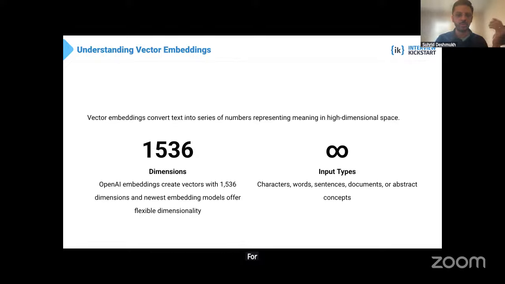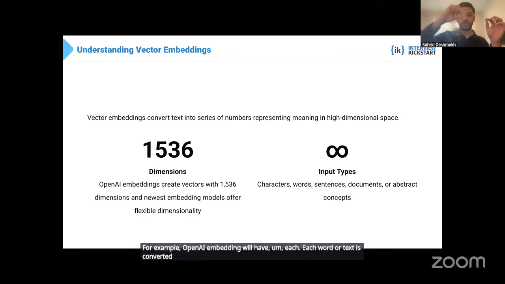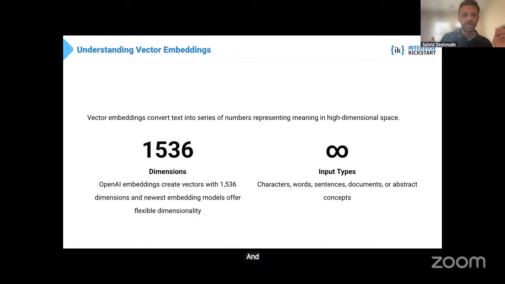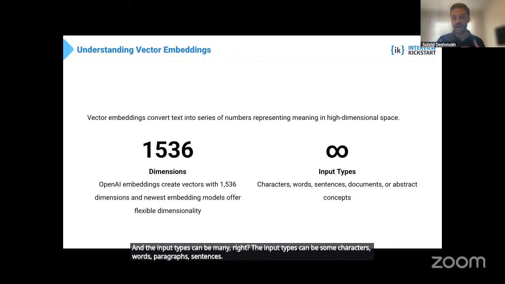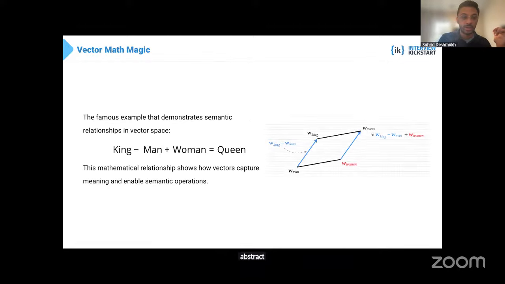For example, OpenAI embedding will have each word or text converted into a 1536 dimensional vector, and the input types can be many, right? The input types can be characters, words, paragraphs, sentences, abstract concepts, and so on. And this is what semantic meaning means.